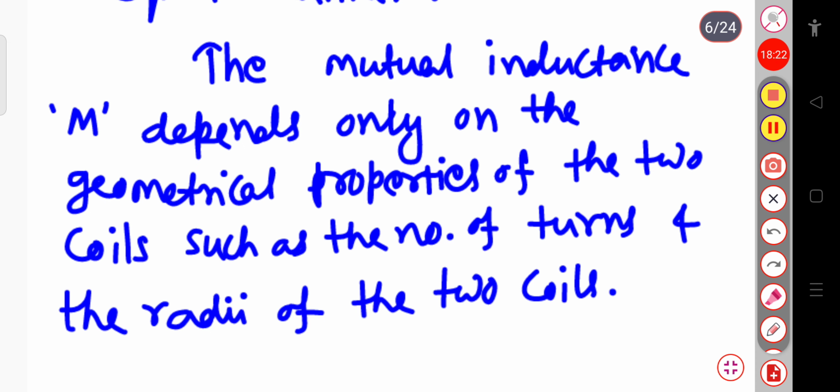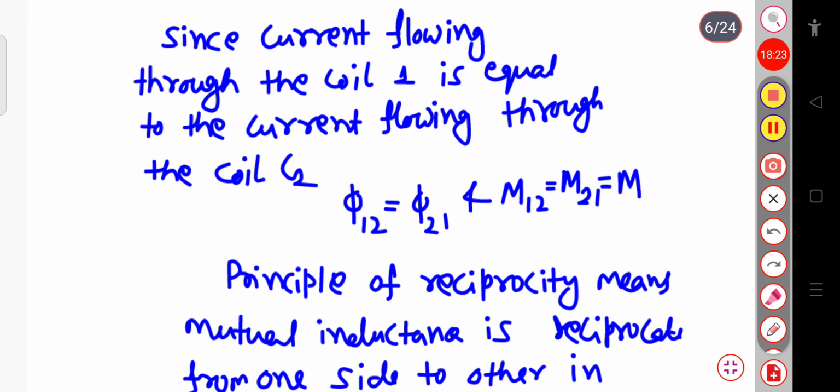And since here the current flowing through coil 1 is equal to the current flowing through coil 2, phi12 equals phi21, that is the flux linked with the first coil and the second coil. These are the same. If the current is flowing through one coil, then the flux linked will be on the second coil, so that there will be an induced EMF.